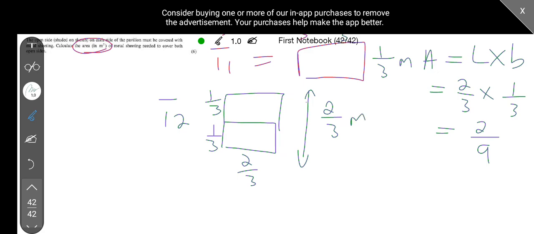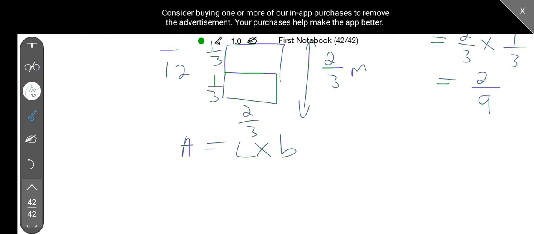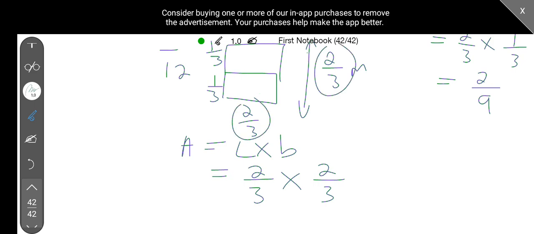This means that the area for T2 is also equal to length times breadth, so it's 2/3 multiplied by 2/3, and we're going to have 4 over 9. I hope it is clear.